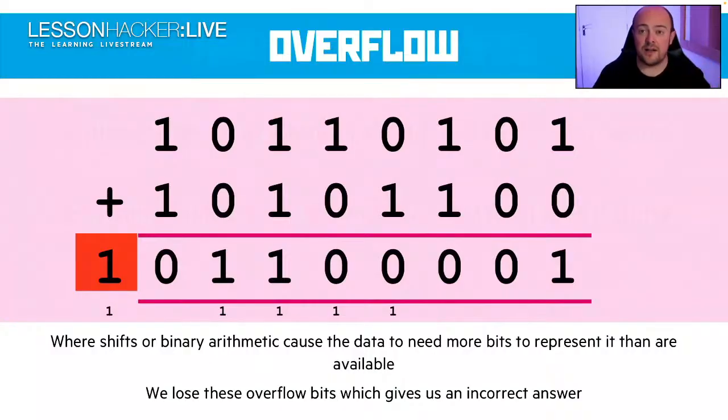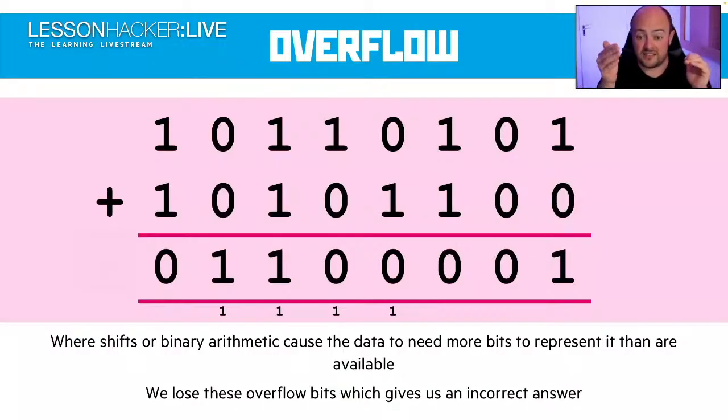If we're doing a binary addition and the amount of bits we need to store the answer is more than the amount of bits we've got available, then we lose that overflow value. And the reason for this is because this isn't normal maths. This is us doing mathematics in a computer system where we've got a fixed amount of registers, a fixed, physical space to store that value in.